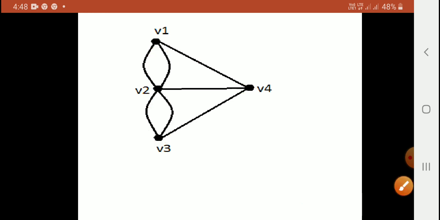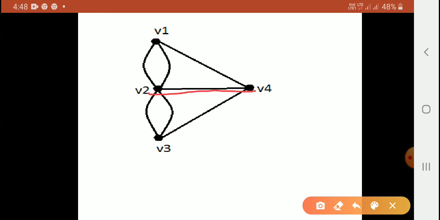Okay, we start with another vertex. Suppose we start with v4: v4 to v2, v2 to v3, v3 to v2 again, v2 to v1, v1 to v2 again. Here two edges remain, v1 v4 and v3 v4.